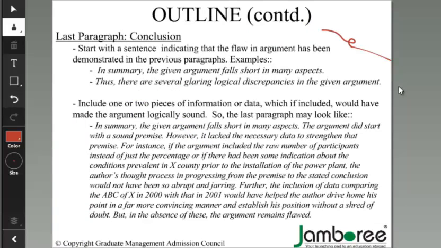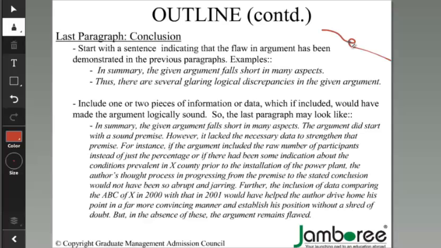Now this is a very important thing. A lot of students, when I read essays, I see that they write the introduction, they find the flaws, they explain, and they end. They don't give any remedy, basically, that if the argument contained this data, it would have been strong, or if the author explained his reasoning for coming to that conclusion, or if the author supported his conclusion with some data.